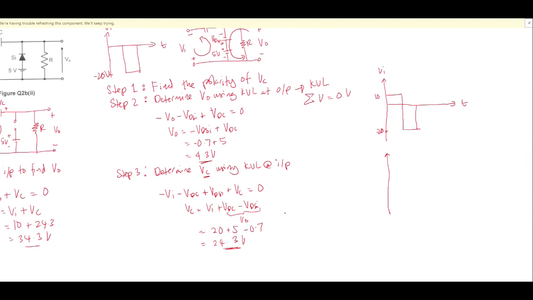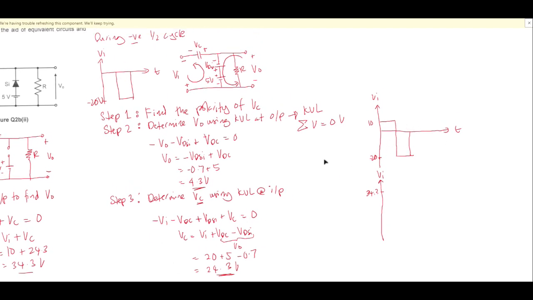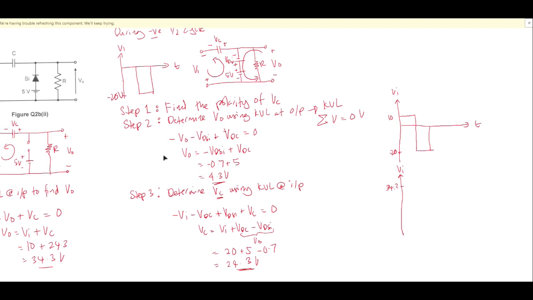So here your V out is 34.3 volt, and then during the negative half cycle, your output voltage is 4.3 volt. This one is your x-axis, T.